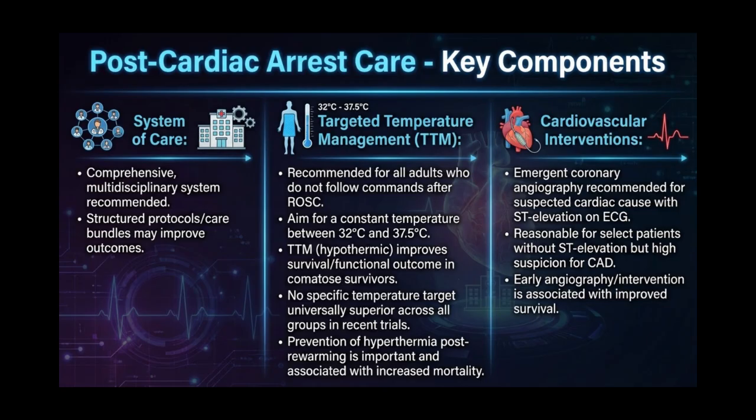It is essential to note that these findings may not be applicable to the general post-arrest population, where non-shockable rhythms and non-cardiac causes are more prevalent. Furthermore, post-hypothermia fever has been linked to increased mortality rates, emphasizing the need for preventing hyperthermia.